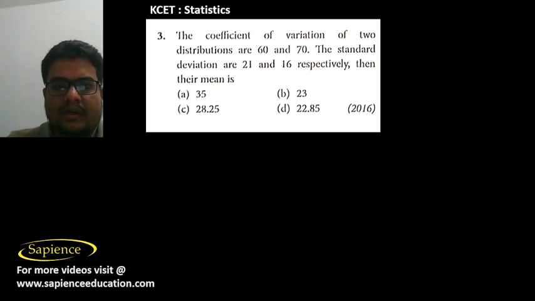The coefficient of variation of two distributions are 60 and 70. The standard deviations are 21 and 16 respectively.